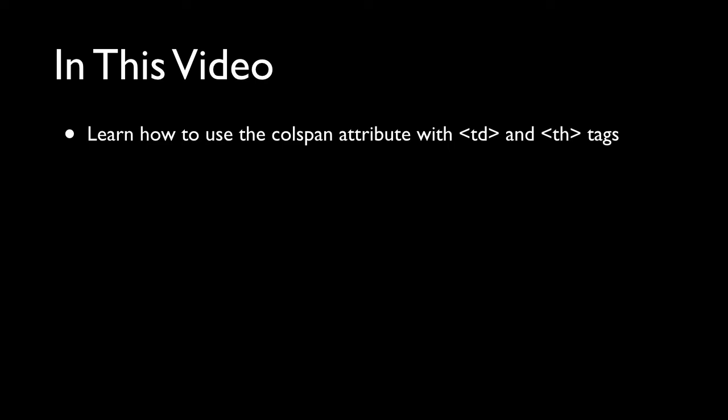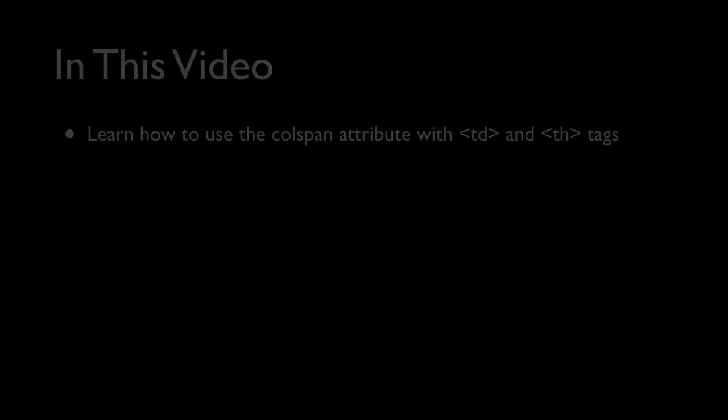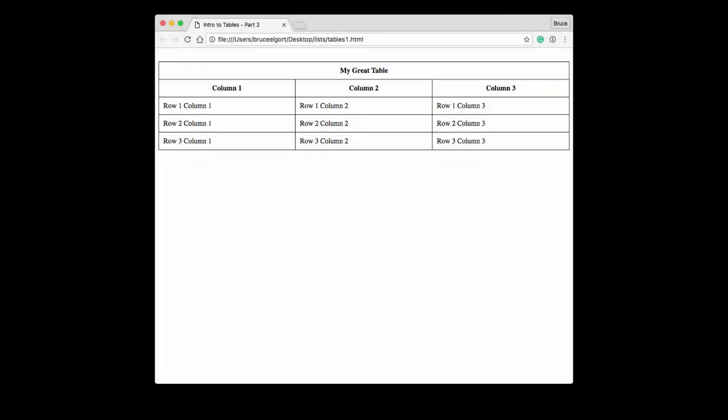Before I show you how to code these things, let's take a look at what we're trying to do. On the screen, you can see a table, and at the top of the table you see a row, that first row that spans across all of the columns.